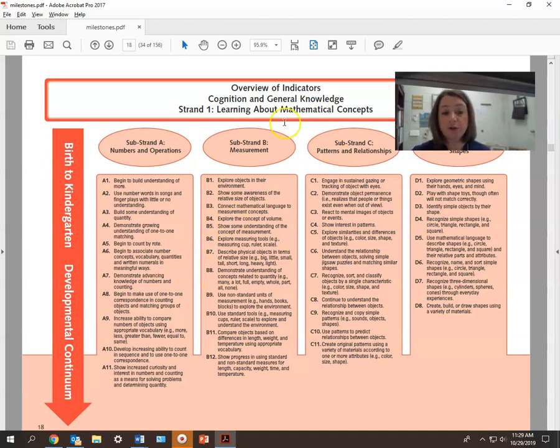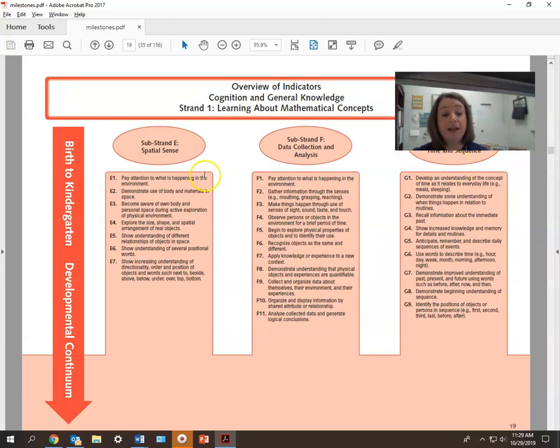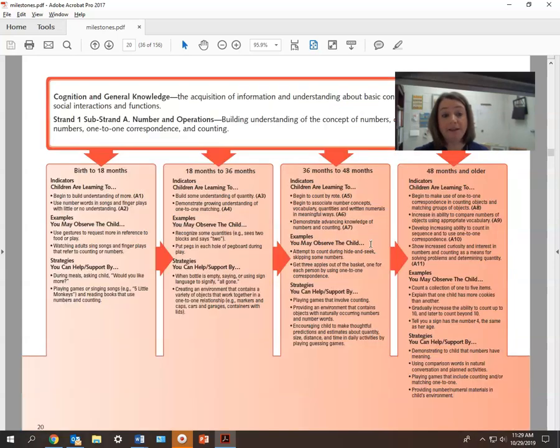So you can see that strand 1 is learning about math, but there are actually 7 substrands that go in the math strand. So we have numbers and operations, measurement, patterns and relationship, shapes, spatial sense, data collection and analysis, and time and sequence. And all of these are going to fall under strand 1, learning about math.